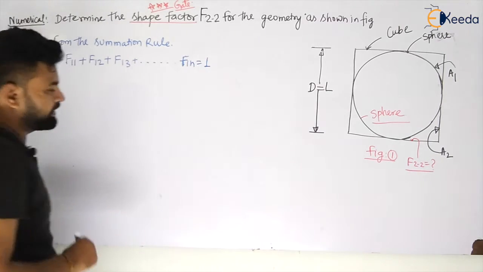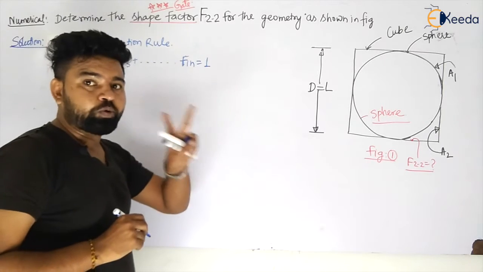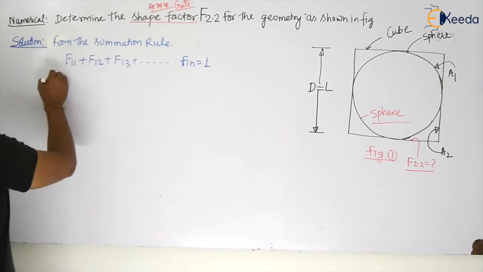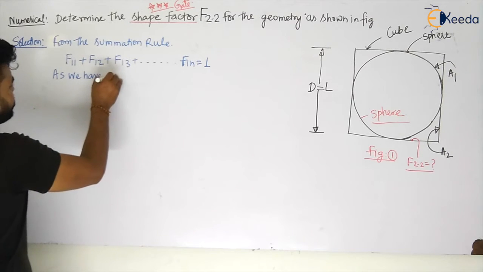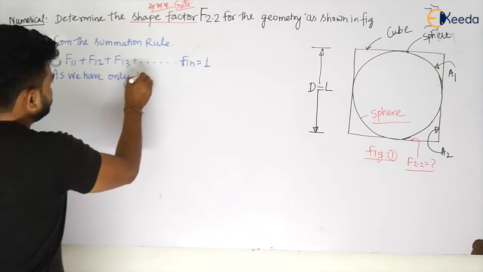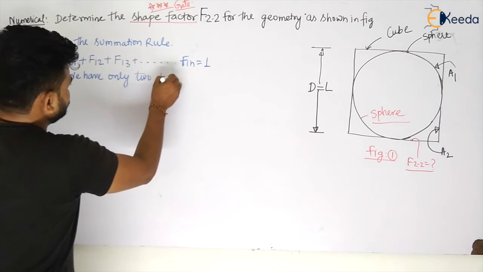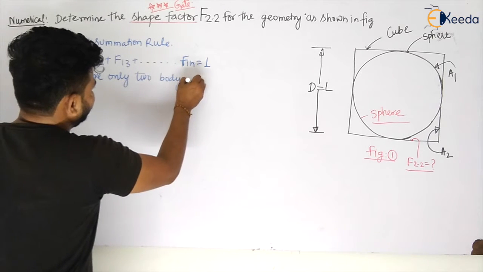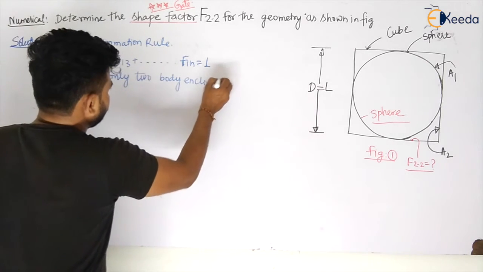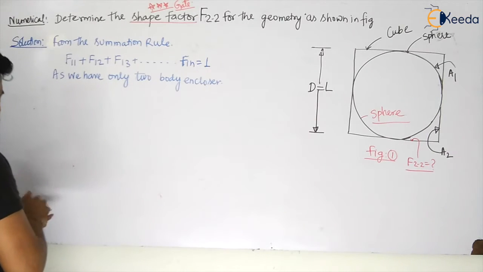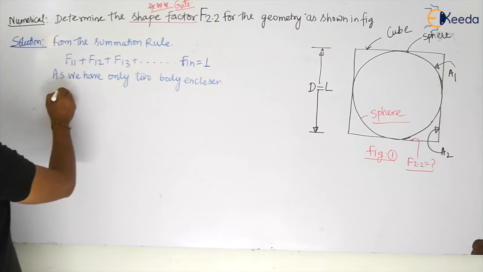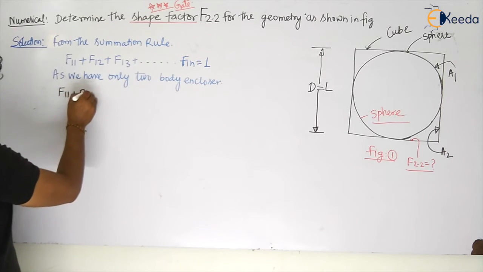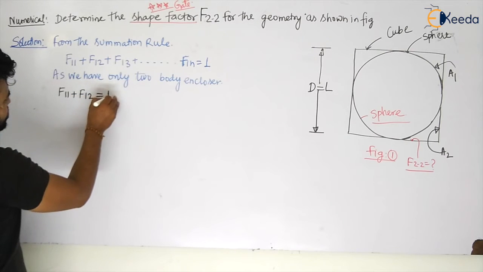But there is only a two body enclosure, so we will not have all these factors, and we will have F11 plus F12 is equal to 1, my dear students.